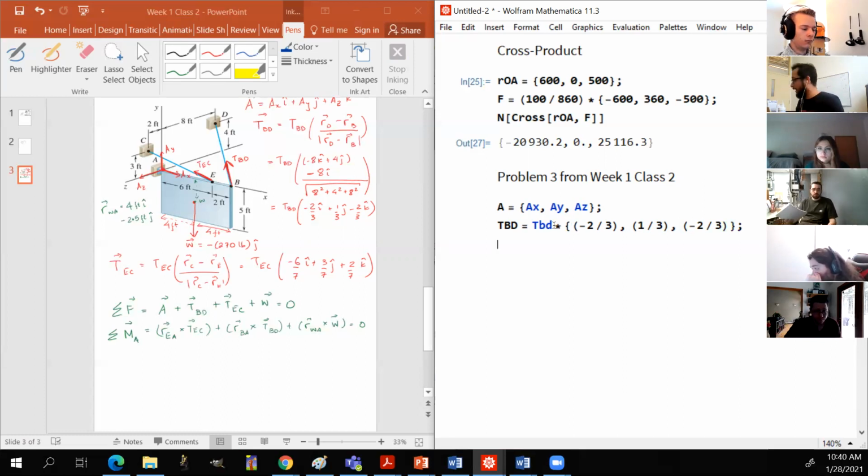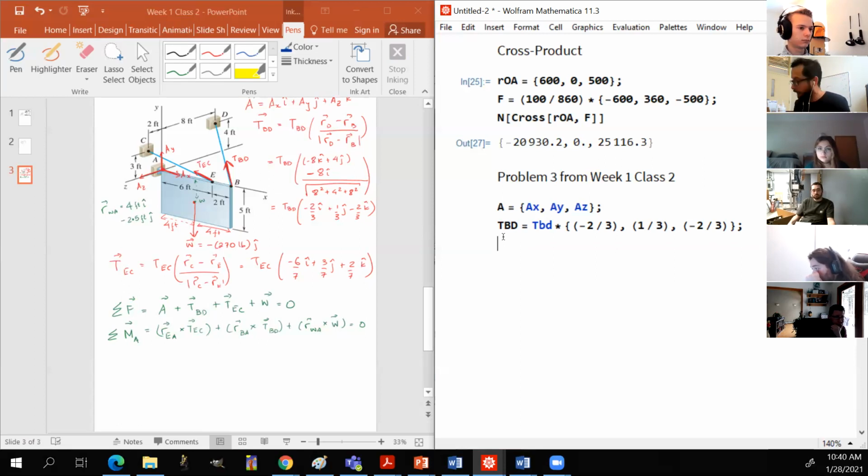You get into redundancies when you start using the same variable names inside and outside. Just stay away from that and keep them different. That just makes life easier, because Mathematica doesn't know the difference between a scalar variable and a vector variable, and it'll get confused on you. So just keep them separate.